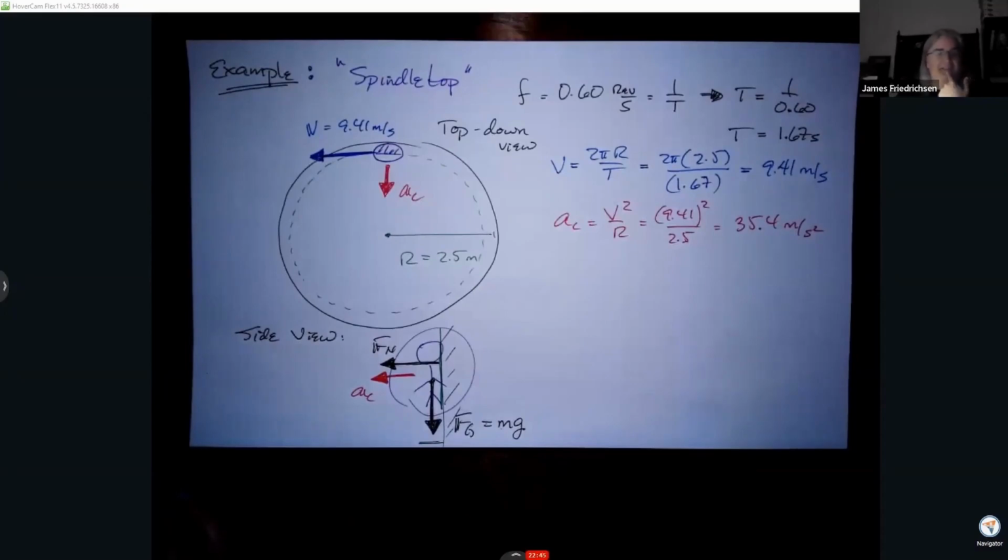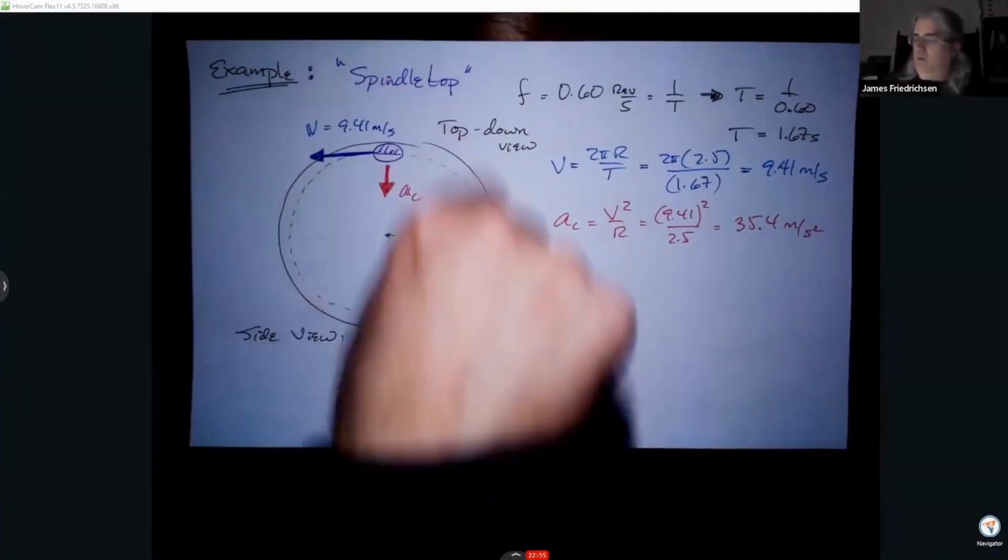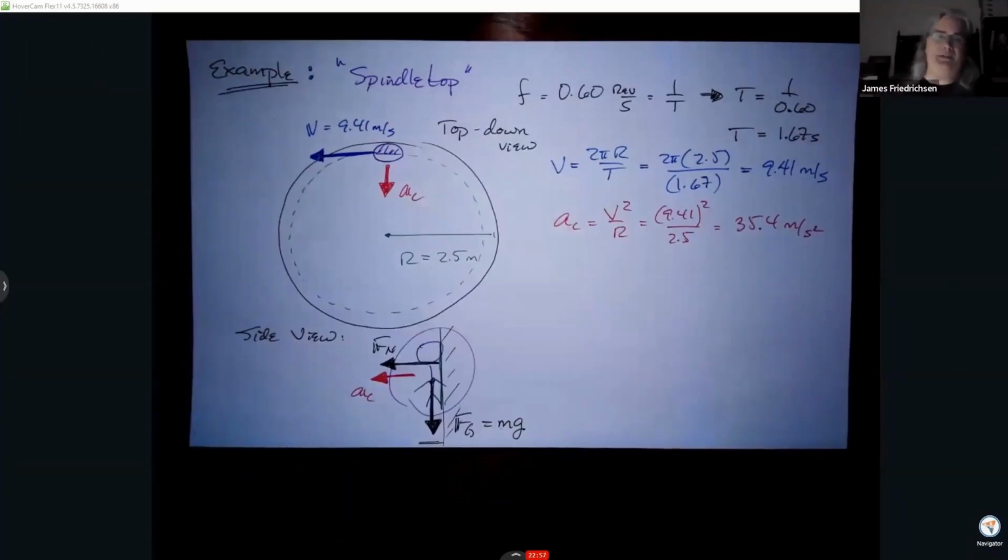Friction, yes. Is it static or kinetic friction? What kind of friction is it going to be and why? Emmanuel is going around in a circle, but what kind of friction do we have? It is static.